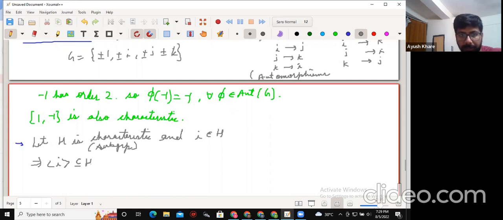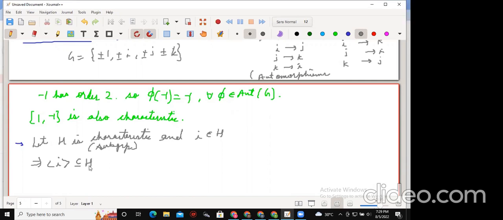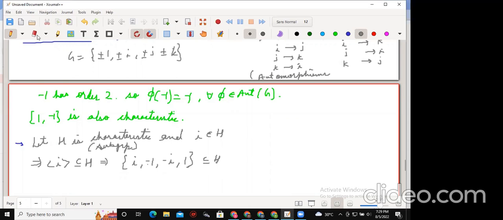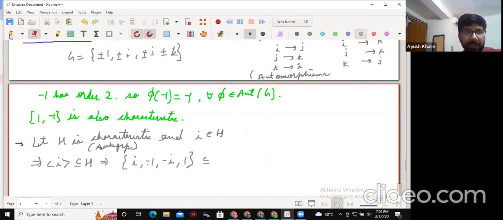Because H is a subgroup and i belongs to H, all powers of i should be there. I should write it as powers of i: i squared is minus 1, i cubed is minus i, and i to the fourth is 1. So this should be a subset of H. First of all, this H must contain these 4 elements.